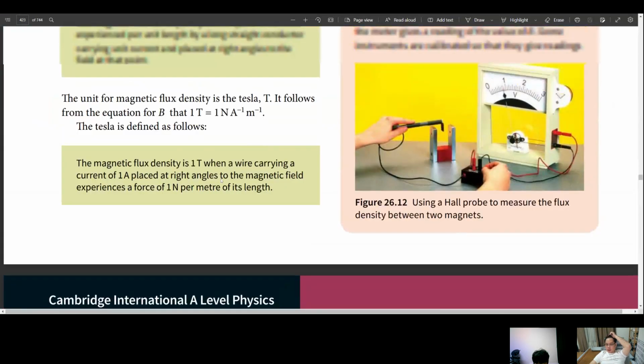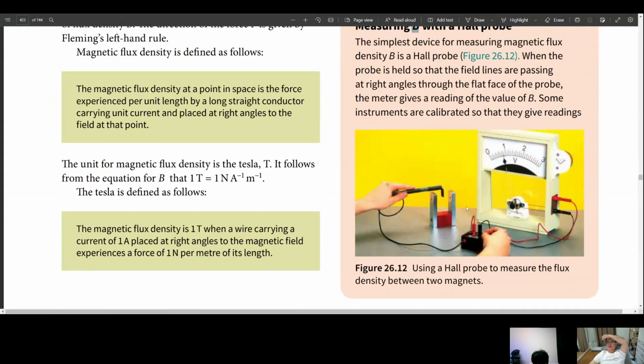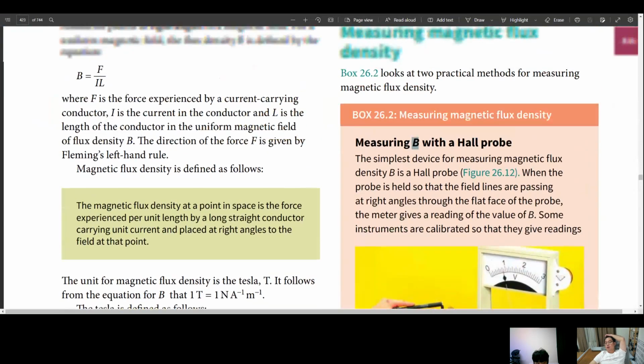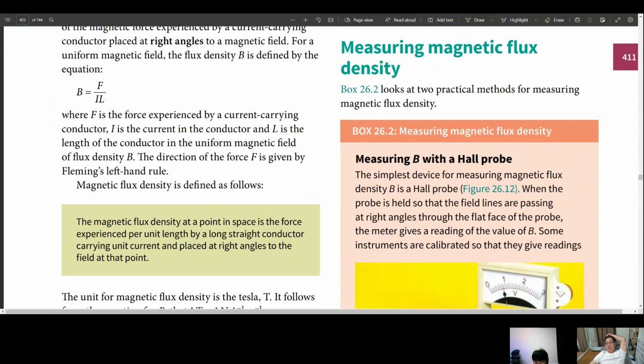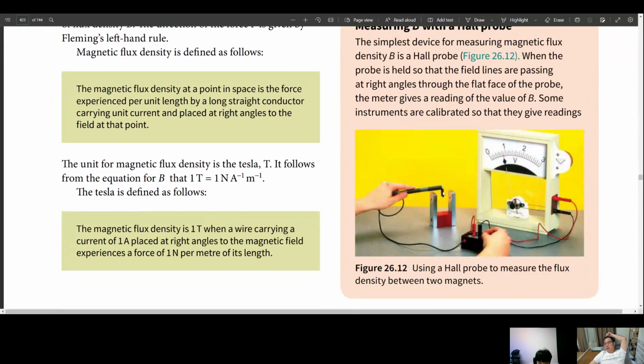They didn't describe it, so this is just the information about the device used to measure the magnetic flux density. This is called a Hall probe. You connect it with a meter here, and simply put it in the magnetic field between the two magnets, and then the meter needle will deflect an angle and show the value in volts.